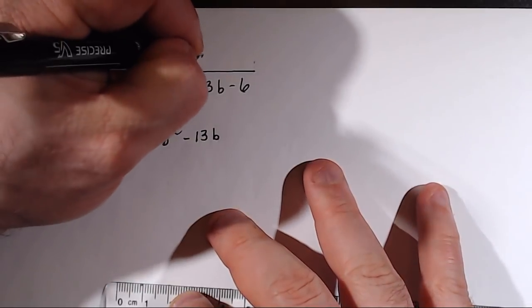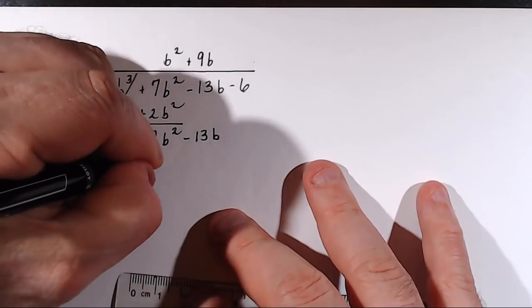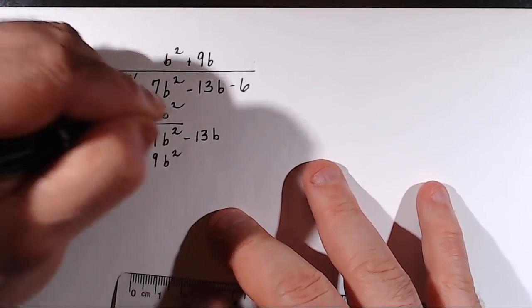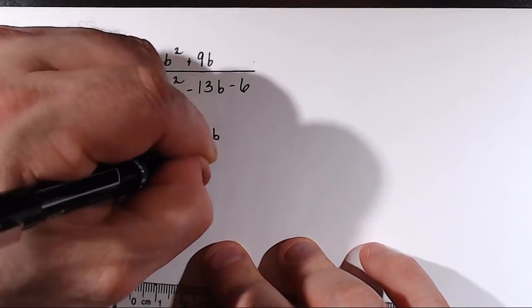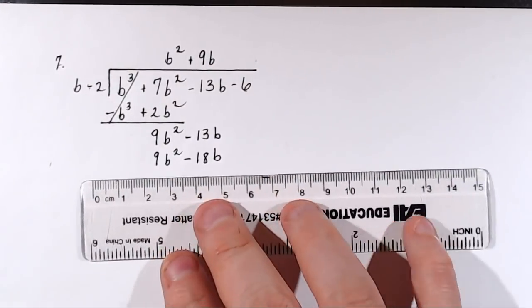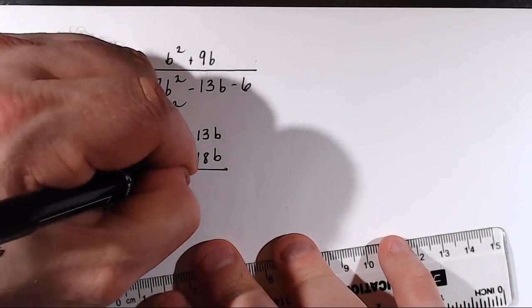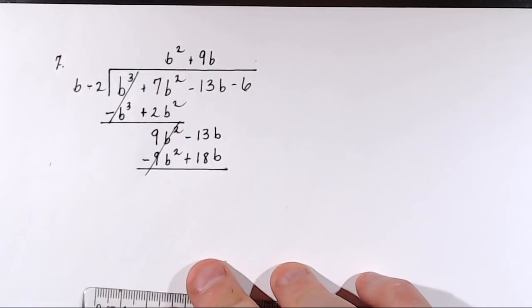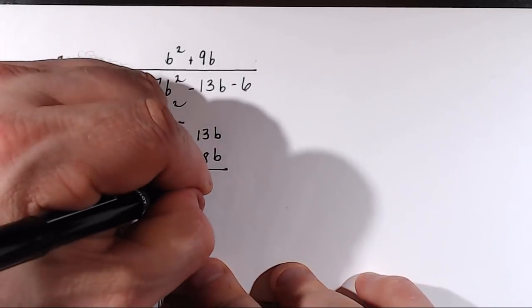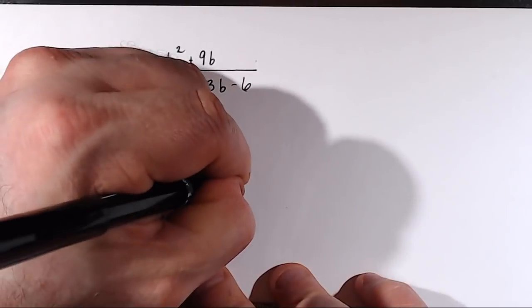So b squared plus 9b. 9b times b equals 9b squared. 9b times negative 2 equals negative 18b. Draw a line, change the signs. Negative 13b, okay, so these cancel. Negative 13b plus 18b equals 5b. Bring down the negative 6.